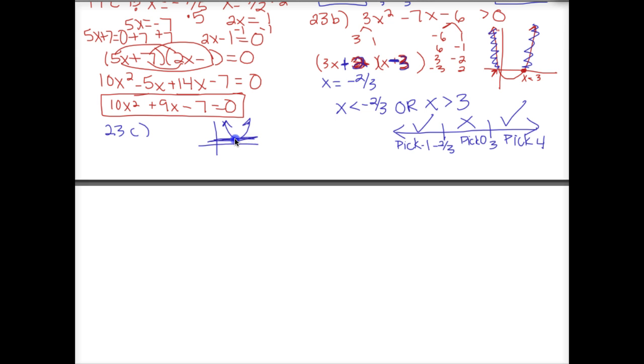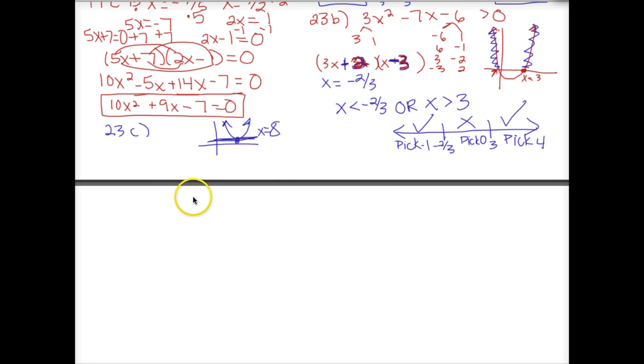It hits the axis here at 8, so x equals 8 is your only intercept, but then it's a less than sign. Absolutely none of the parabola is below. So that's why the answer is no solution graphically. Again, you could do it this way too. When you pick your numbers below 8 and above 8, neither of them work. So that's why that answer is no solution.